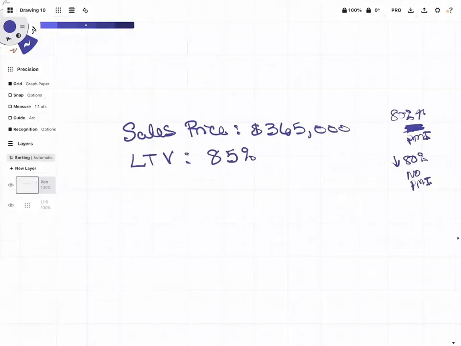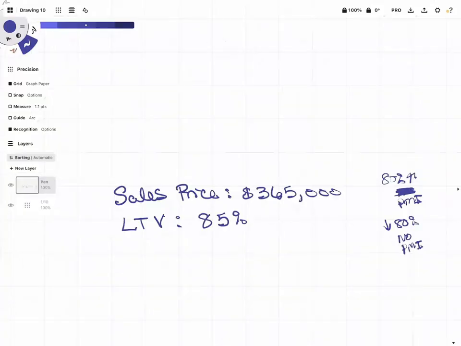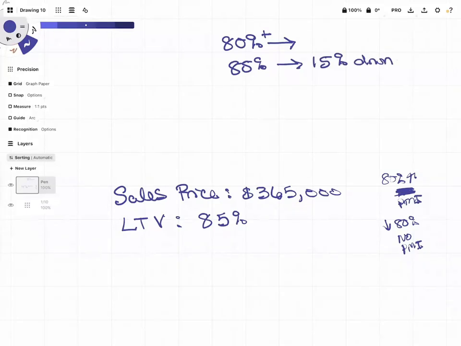Well, think about it this way. If you borrow more than 80%, let's say you borrow 85%, that means you're only putting 15% down, which means the loan amount is greater. And since they're lending you more money, they want insurance.